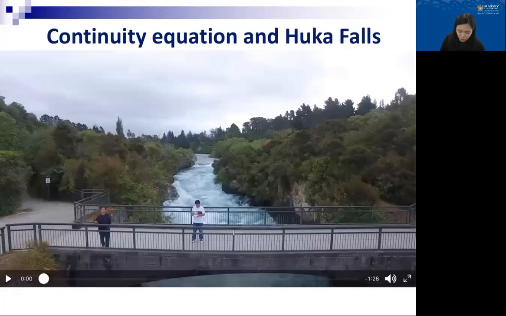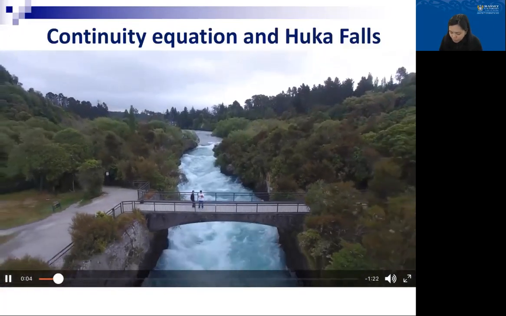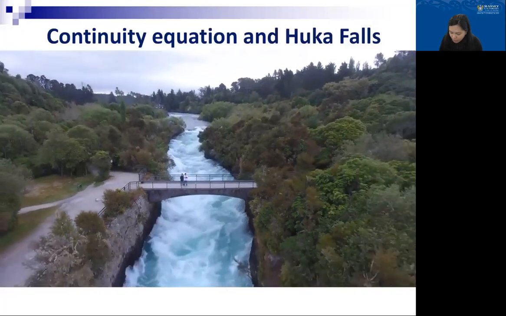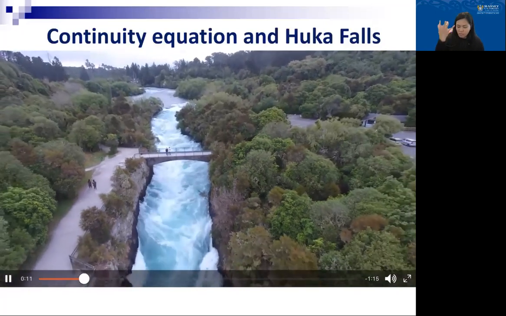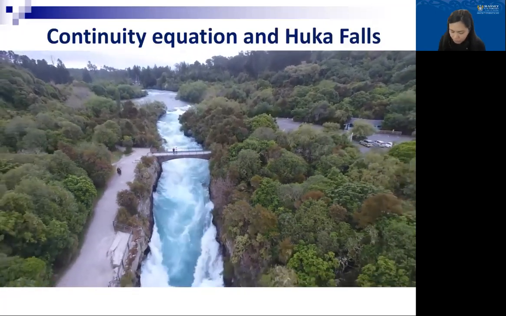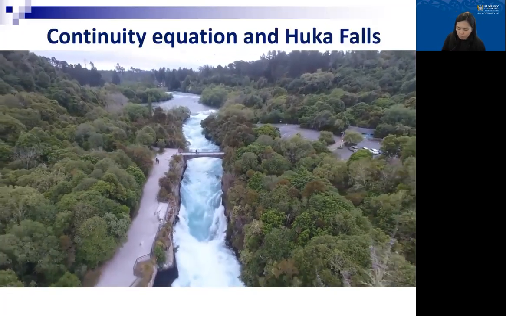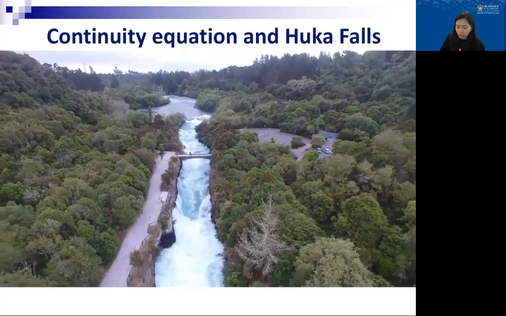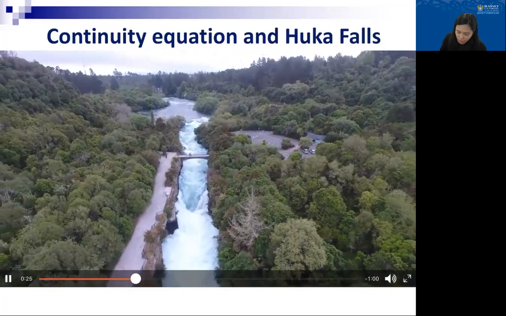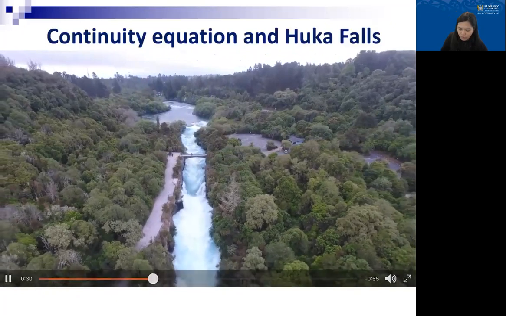For those who've been to Taupo and who have seen Huka Falls, notice as we go further and we're able to view the fluid flowing through this narrow section, where the bridge is narrower.